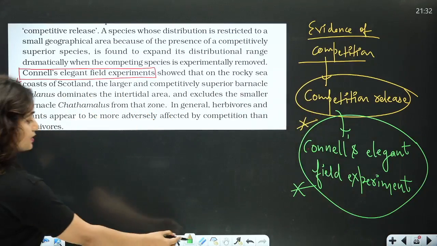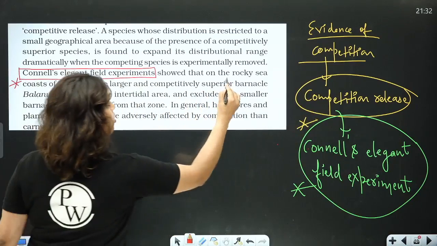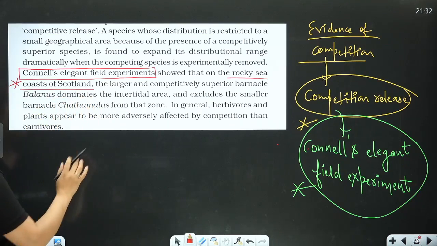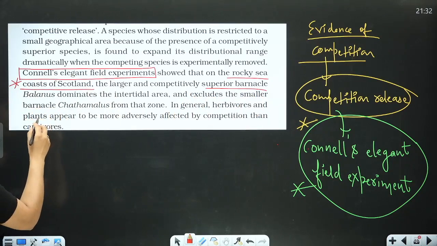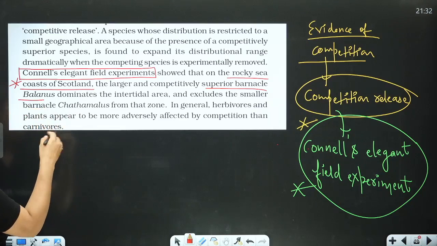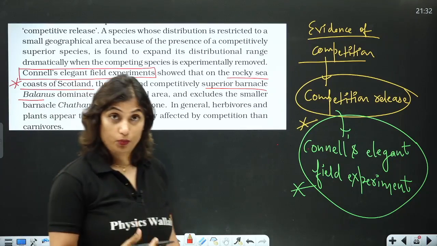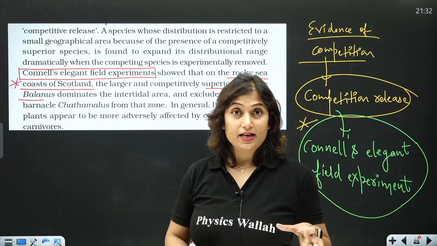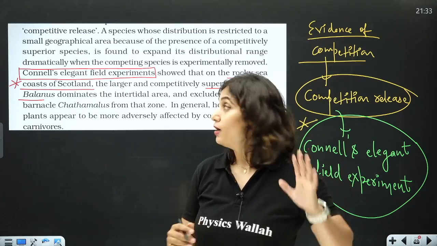This experiment says that on the rocky sea coast of Scotland, when the superior barnacle is released, then only the Cathamelus can grow.